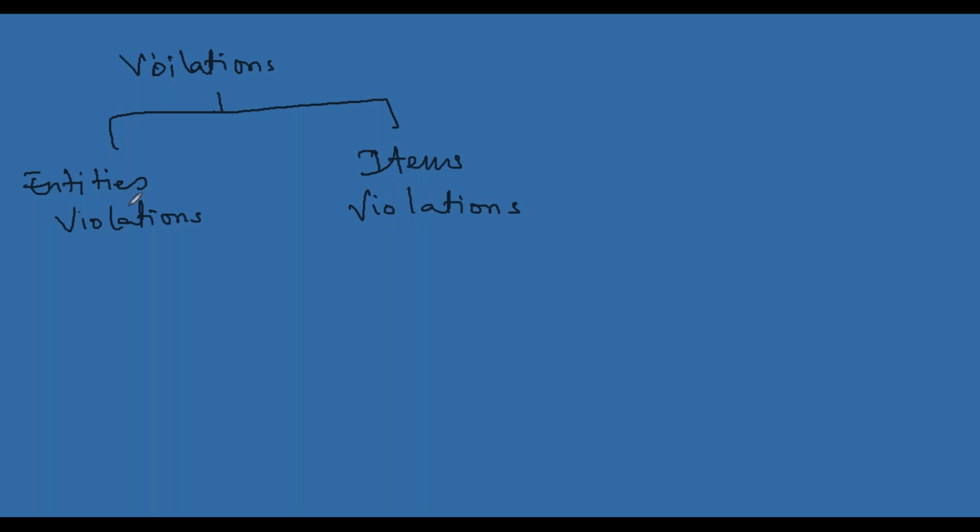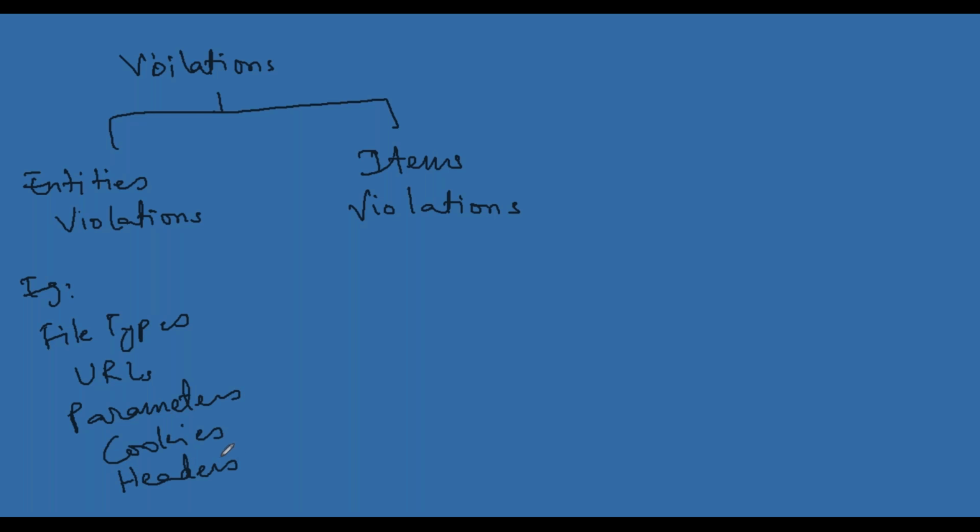So when I say entities violation, entities are nothing but the objects and HTTP methods which comprise your web application. A few common examples of the entities would be file types, URLs, parameters, cookies, headers.